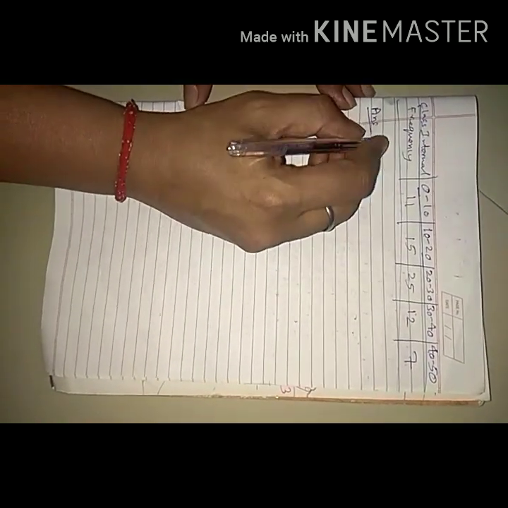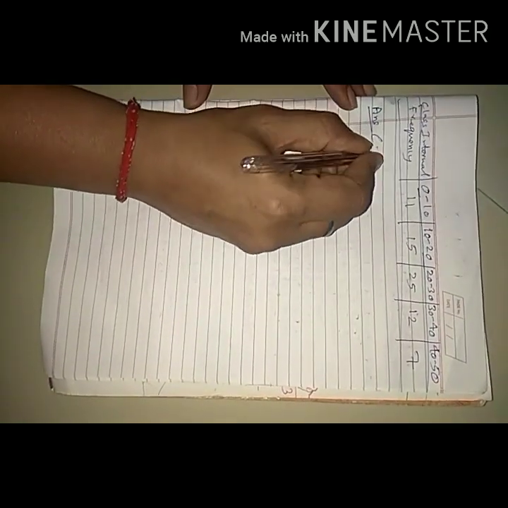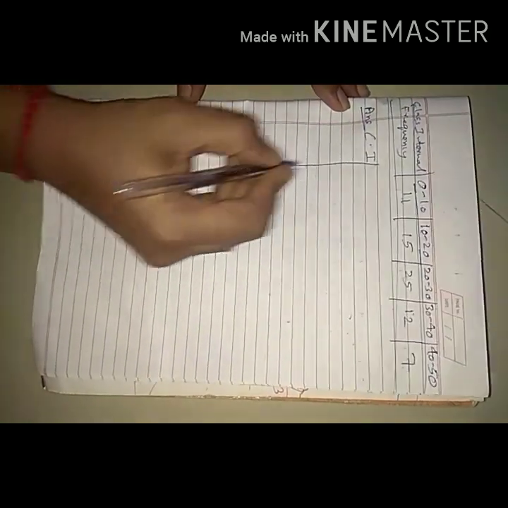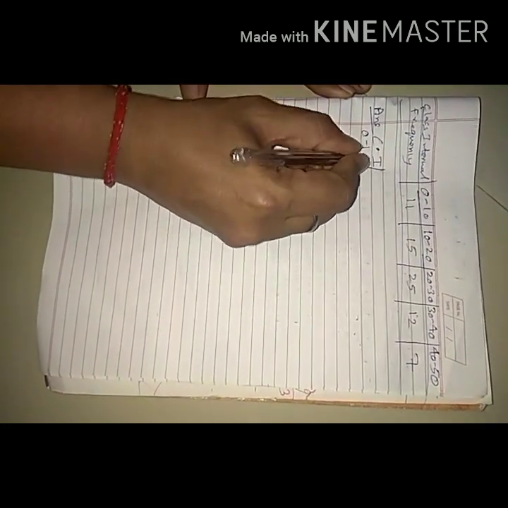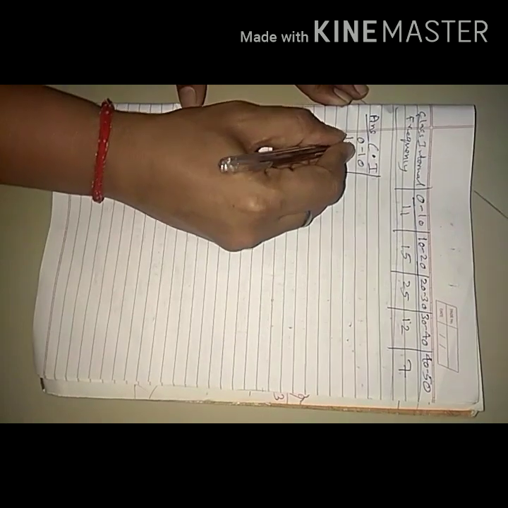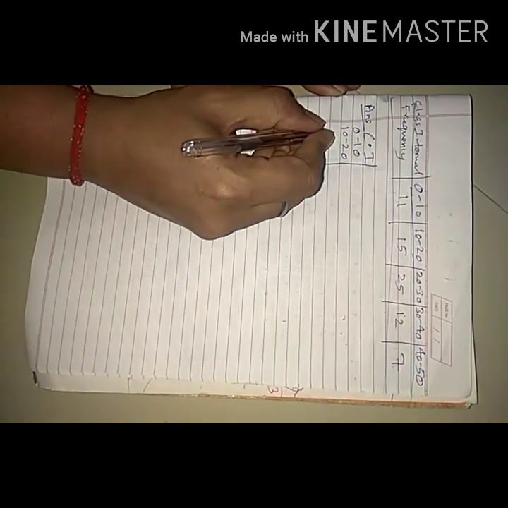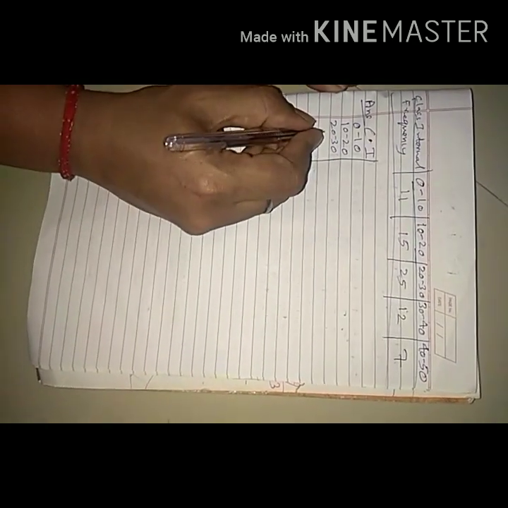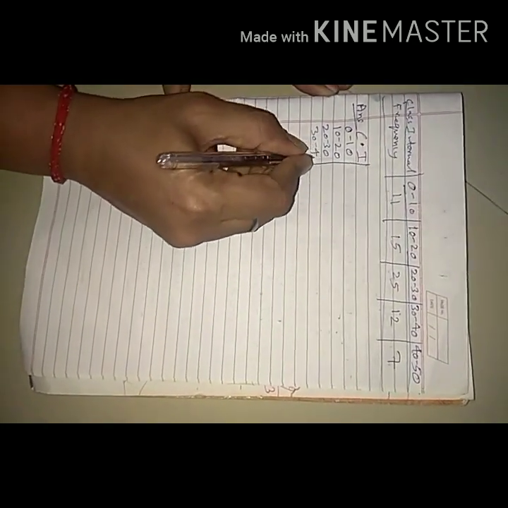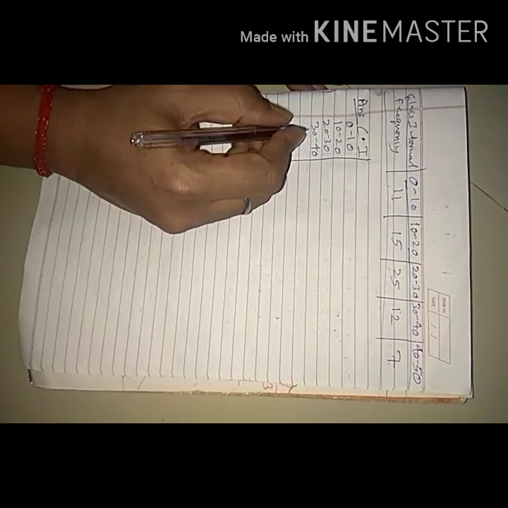First I will write down class interval. I can write this as CI, shortcut. CI means class interval. First one is 0 to 10. Second 10 to 20. 20 to 30. 30 to 40. 40 to 50.